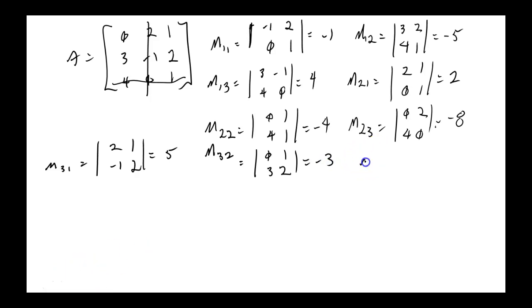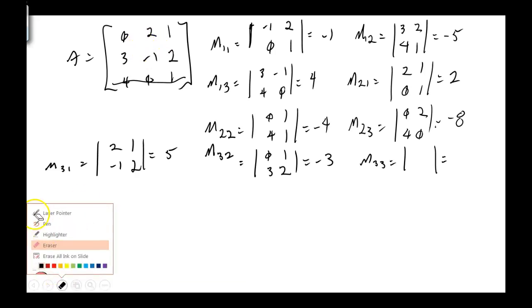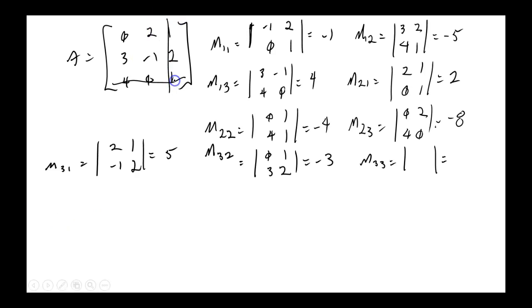And finally, M33 is 0, 2, 3, negative 1, and that gives us negative 6. All right.